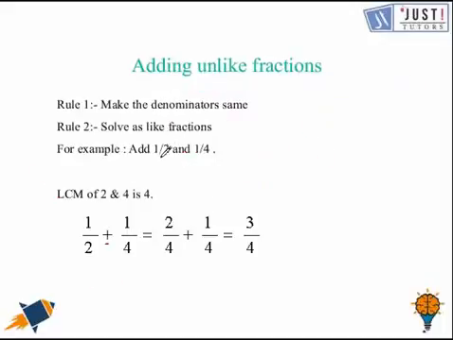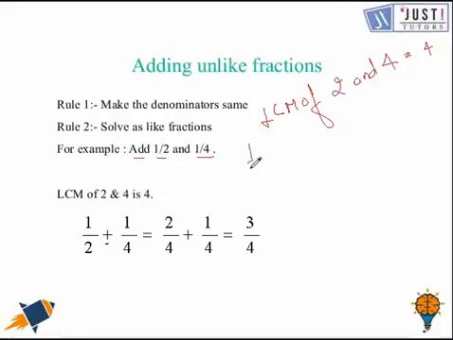Say the question is 1 over 2 and 1 over 4, and we need to add them. You remember step 1 says we need to find the LCM. The LCM of 2 and 4 is 4. So we need to convert both denominators to 4.